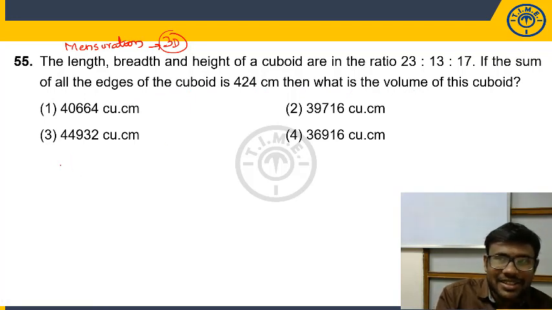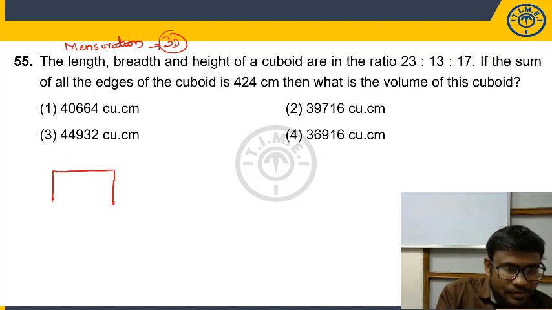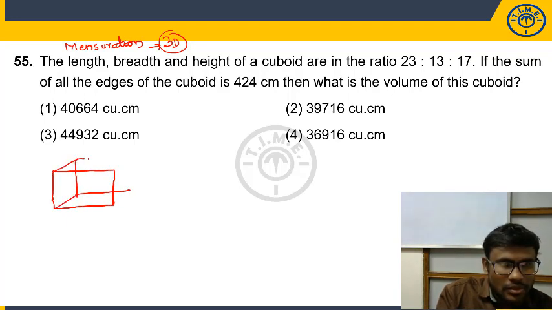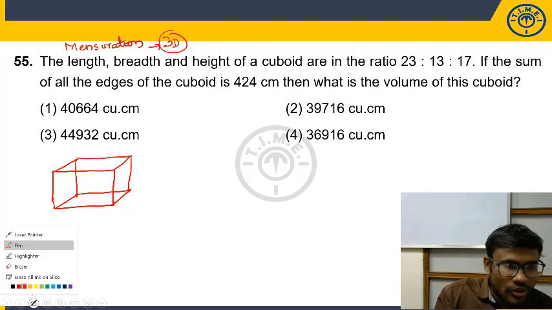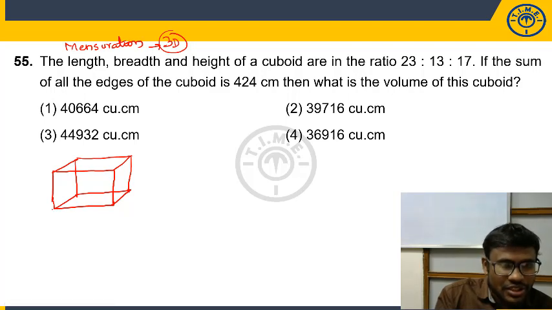Now let us see how many edges you have for a cuboid. So this is your cuboid. We will calculate the edges. 1, 2, 3 and 4.